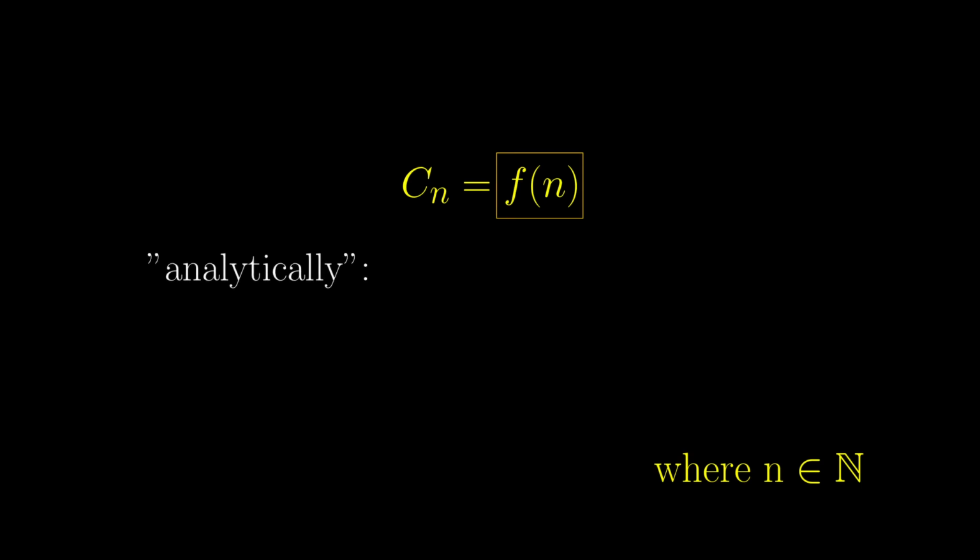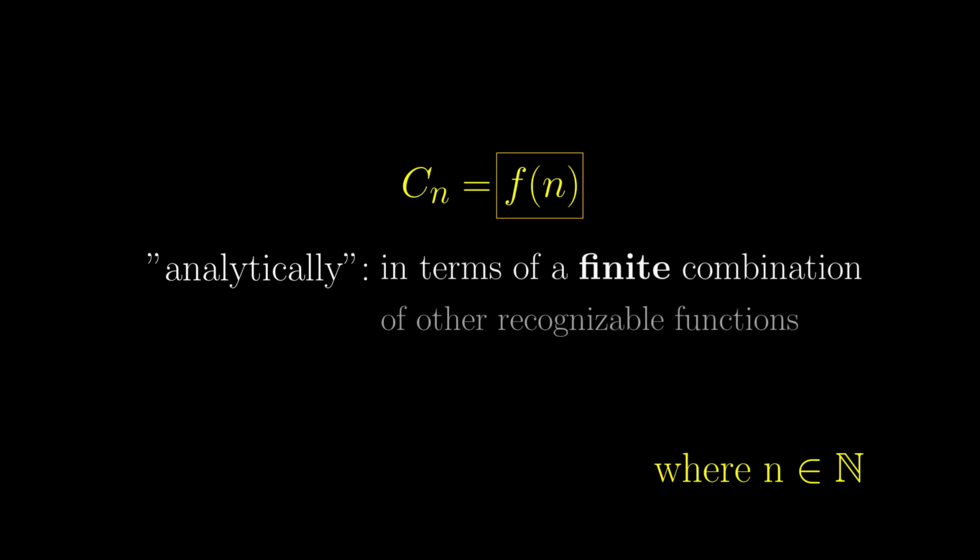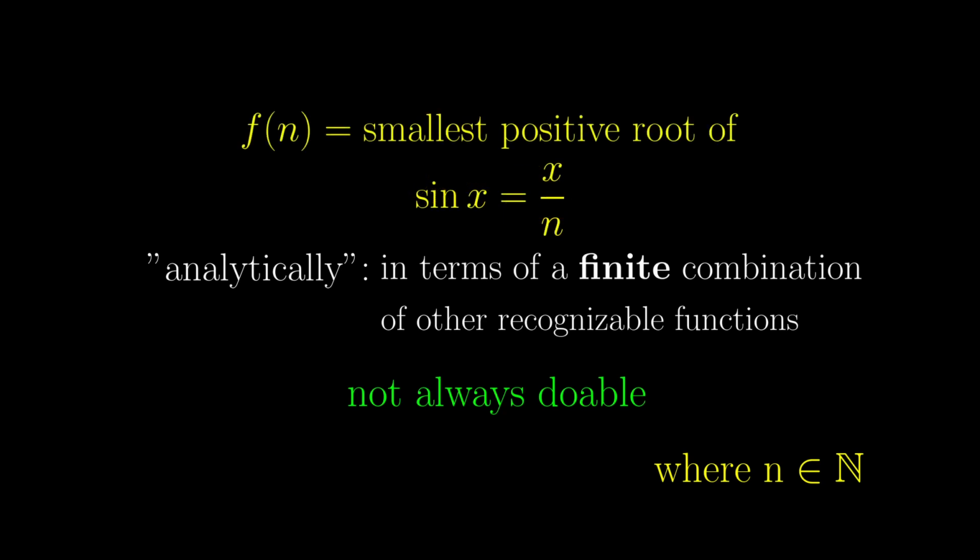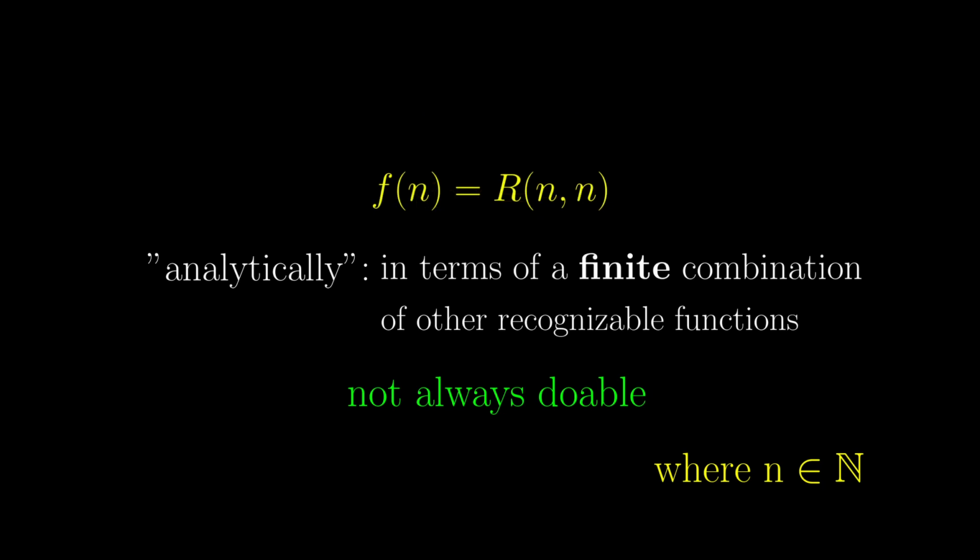In other words, expressing explicitly in terms of a finite combination of other recognizable functions. Finding the function analytically is sometimes not doable. An algebraic example would be to let f of n be the smallest positive root of an equation. If you want a combinatorial example, let the function be R(n,n).